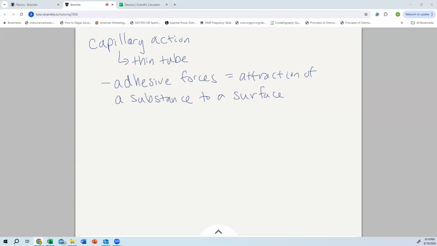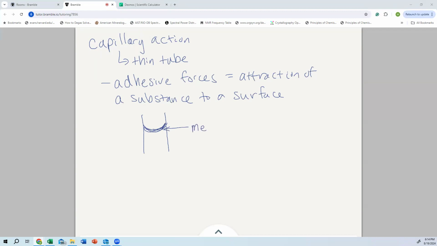And this is what we see when we think about water going up the sides of a glass tube and producing a meniscus. If we've got a glass tube and that water goes up that glass tube, it's because that water is adhering to the sides of that tube. And this right here, you're probably already familiar with this, hopefully, is a meniscus.